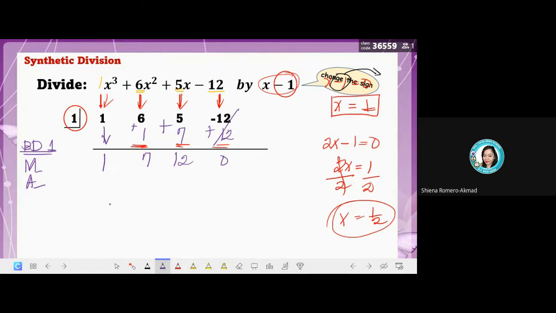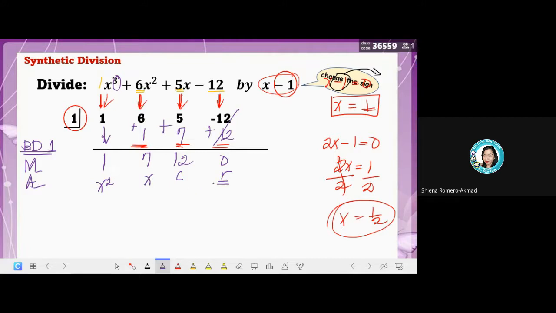So, magiging answer ko, bawas akong isa sa exponent. Kung 3 yan, ito x squared. Paano nyo malalaman? Remainder, constant, x squared. So, sa answer po natin, laging remainder yung dulo. Okay?